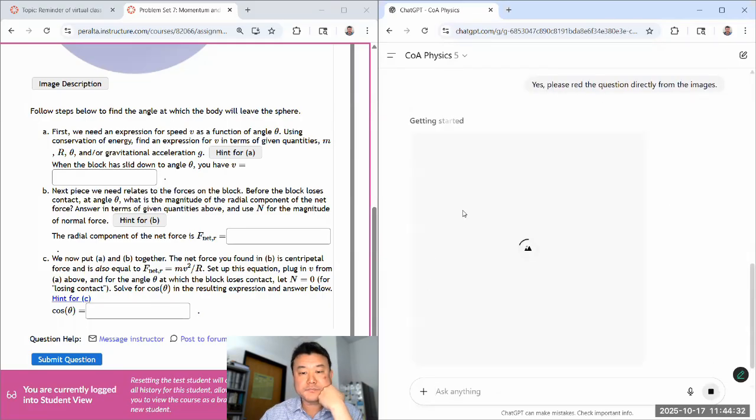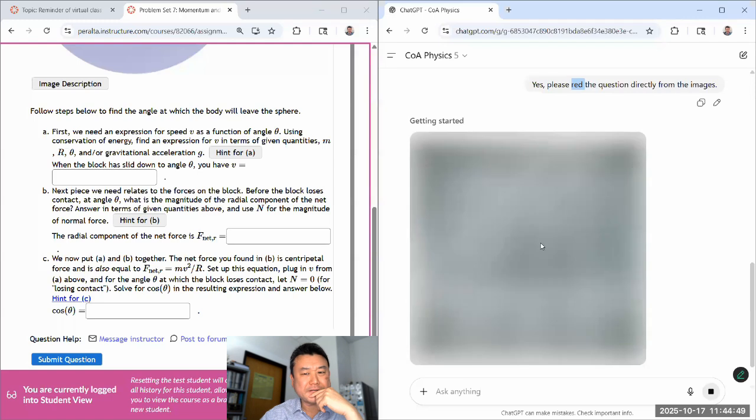Oops, typo. You might have misunderstood red as being a verb, maybe, like mark it in red. I don't know what it's doing. I might have broken something when I changed the system instructions. We'll see.